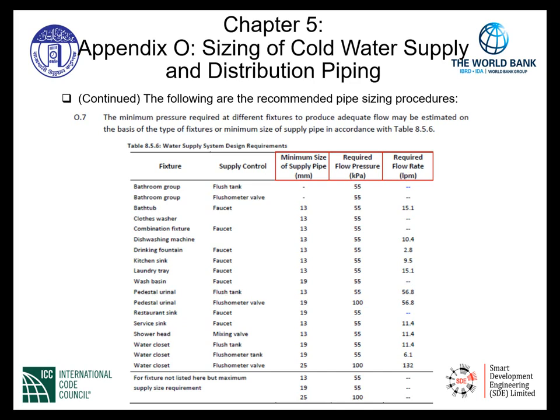For the kitchen sink, our example, the required minimum flow rate is 9.5 liters per minute. So we can systematically pick the fixture or group of fixtures and obtain minimum pipe sizes, required flow pressures, and required flow rates.